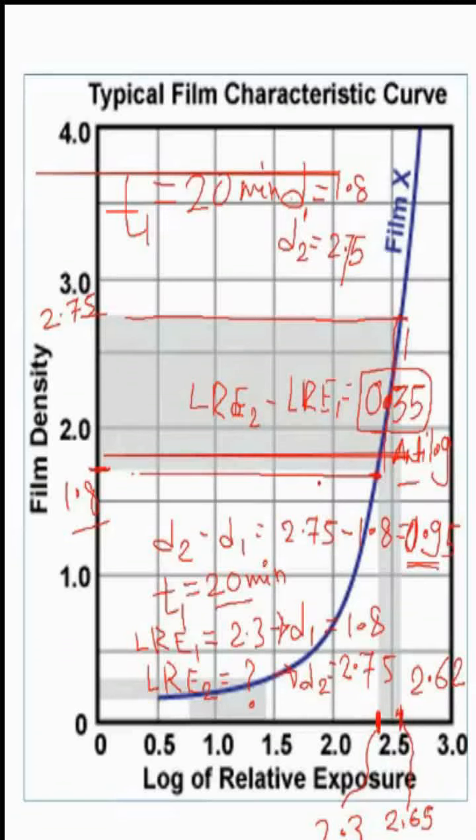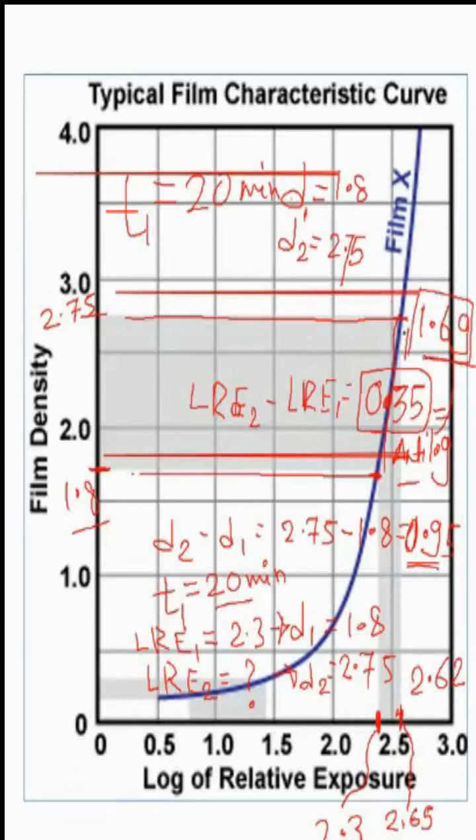Did you get it? What we have to do is write 0.23 and then shift log. For this antilog, we are getting 1.69.